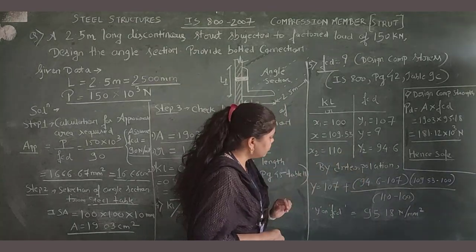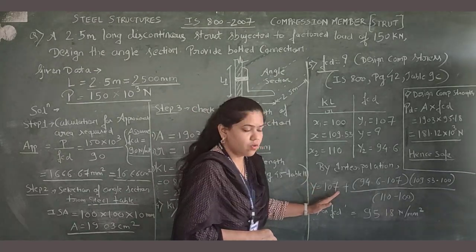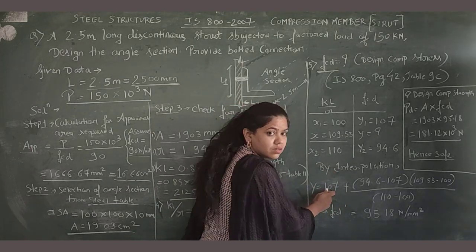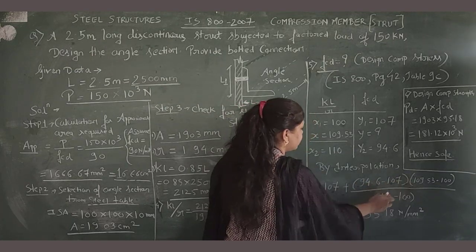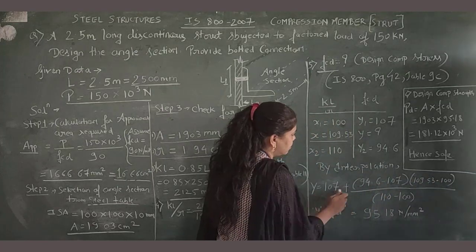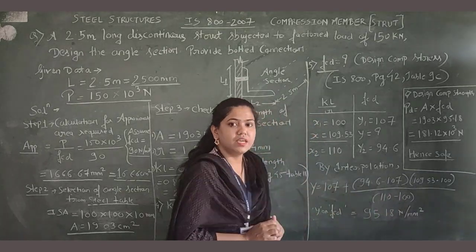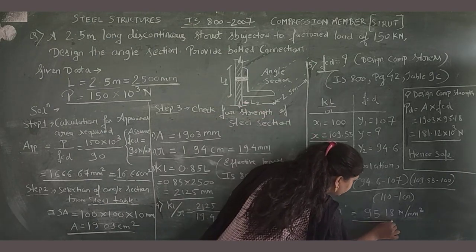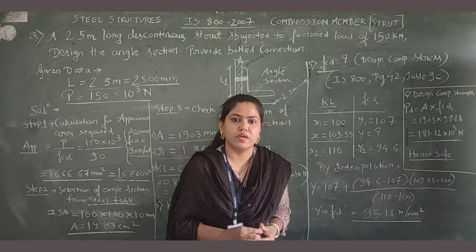Apply the interpolation formula: y1 plus (y2 minus y1) into (x minus x1) upon (x2 minus x1). By applying the interpolation, you will get the value of fcd equal to 95.18 Newton per mm square.